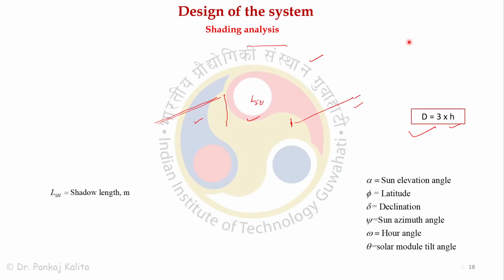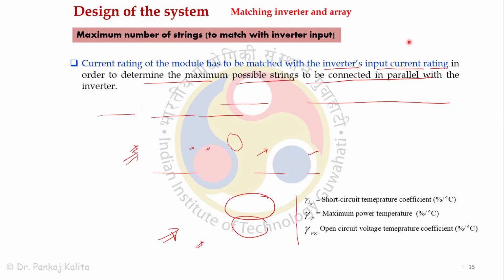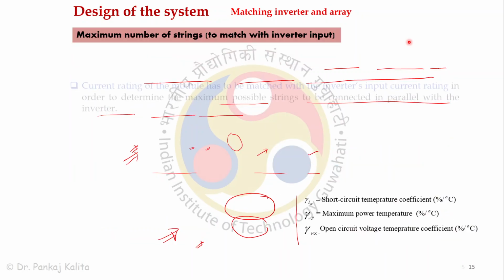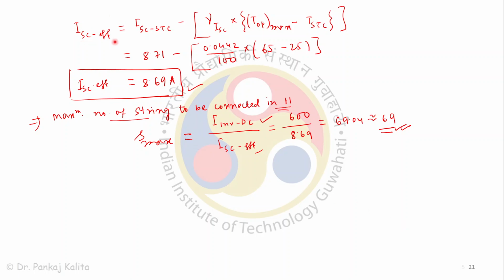And using these formulas, which we learned, these relations, you get the number of modules in a string. Put these values in and get the minimum effective voltage; the minimum number of strings is 12, the maximum number of strings is 22, and the short circuit effective current is 8.69 ampere, and the maximum number of strings connected is 11. So S max is actually 69.